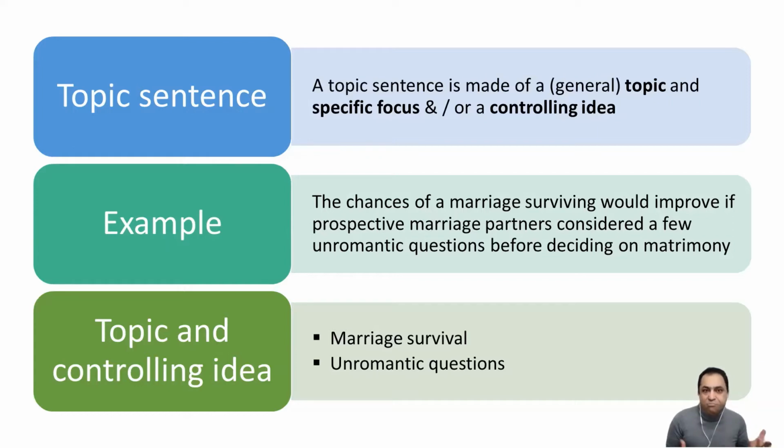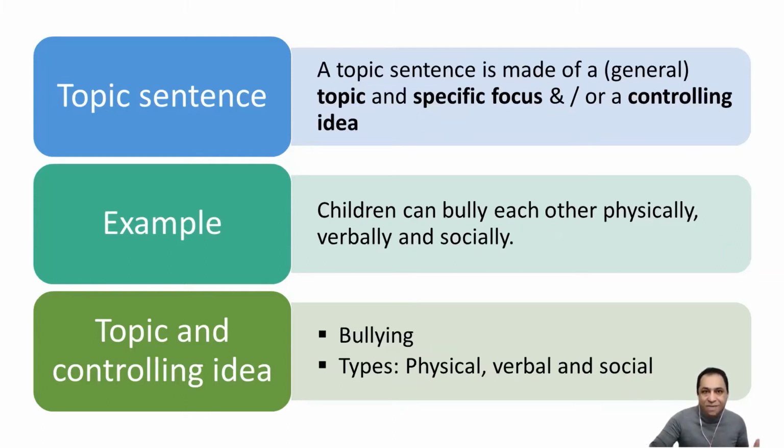So if somebody asks you, what's this paragraph about? And this is the topic sentence, you say it's about marriage survival. So what exactly is it going to deal with? Unromantic questions that you should ask. So this is basically how it works: the topic, the controlling idea.